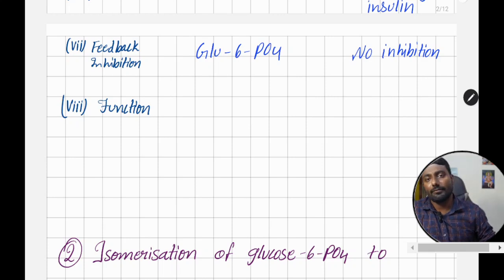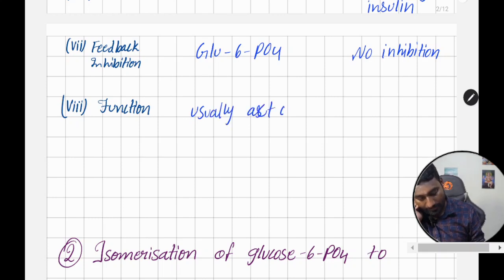Now, if you see the functions, mainly the hexokinase acts on the blood glucose level, and mostly it is saturated.